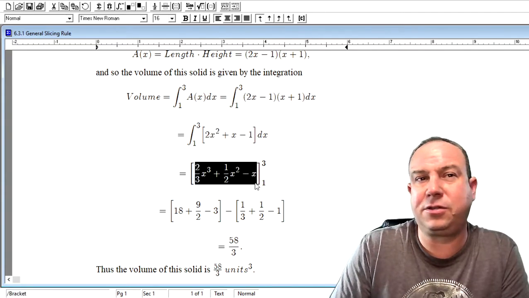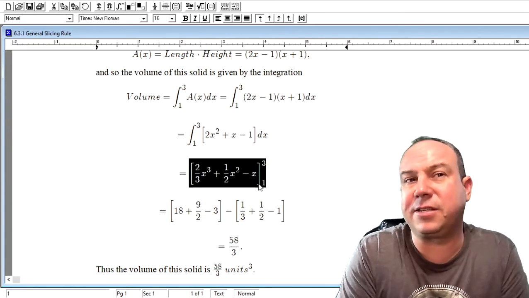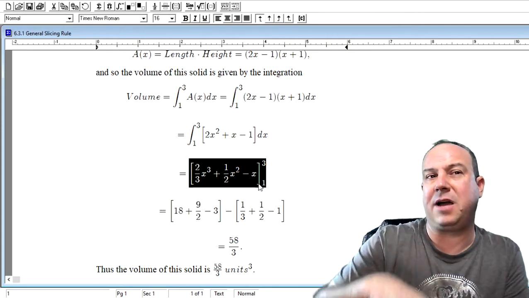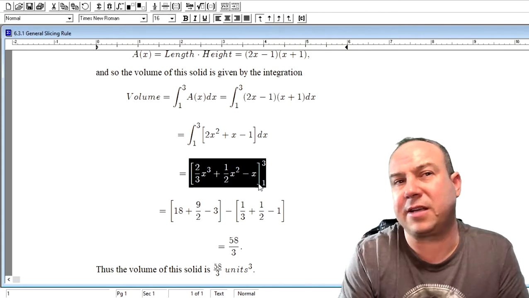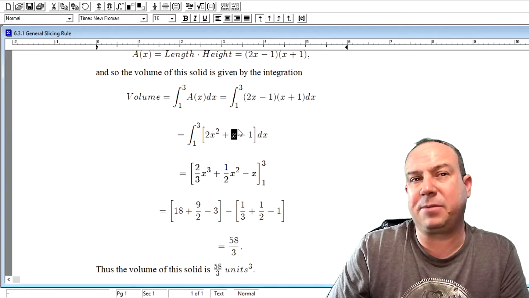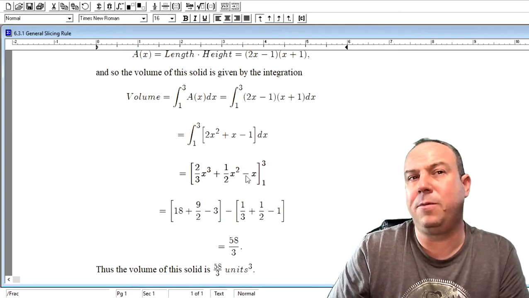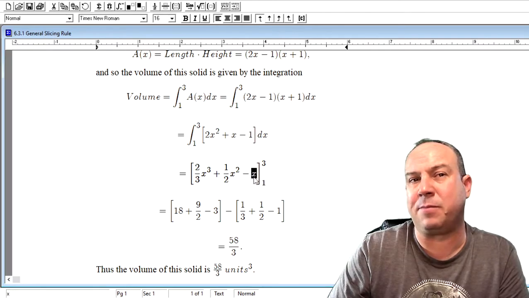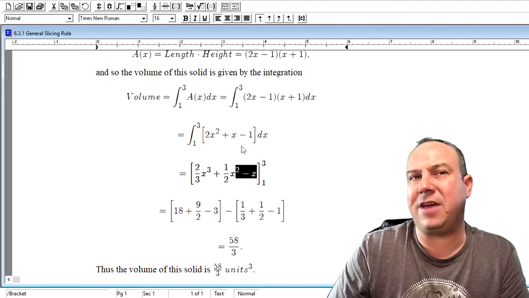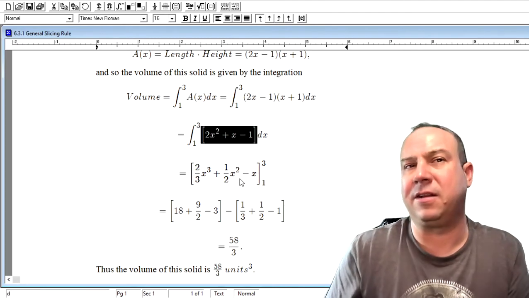That does give us 2/3 x cubed, bump it up to 3, divide by 3, plus 1/2 x squared, bump the x up to power 2, divide by 2, minus x. This is x to the 0 times 1, so that would be x to the first divided by 1, which would just be negative x times that constant multiple of negative 1.